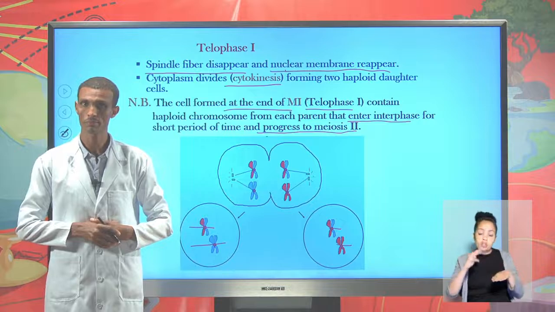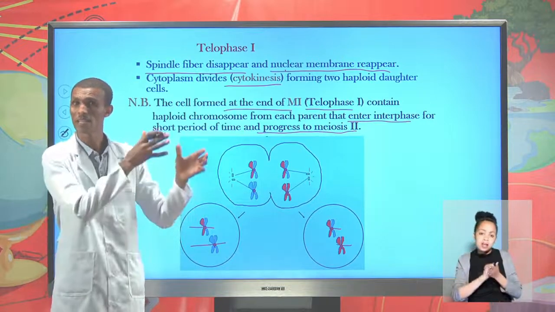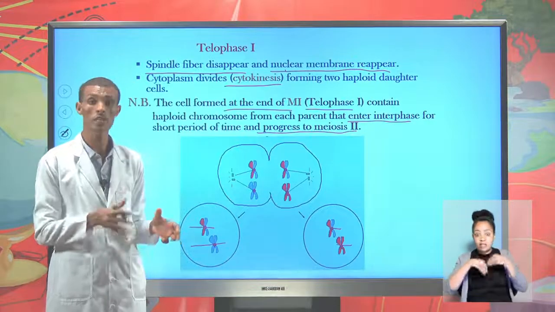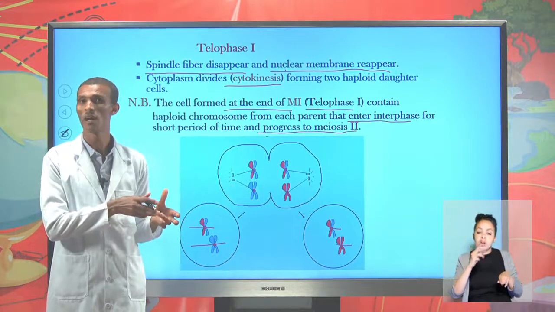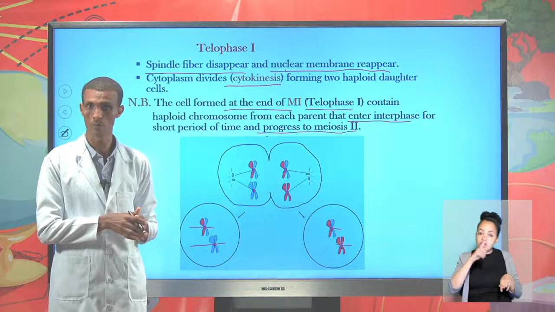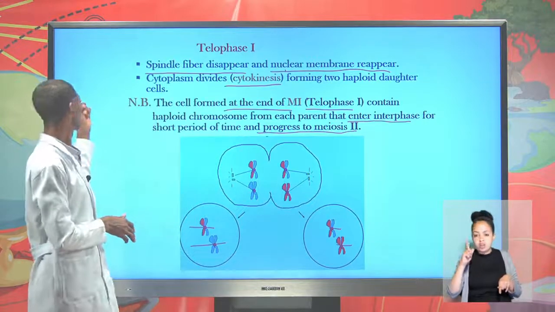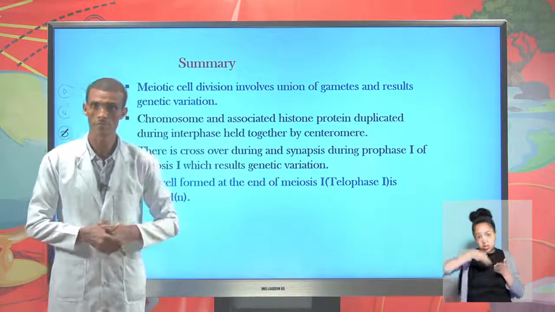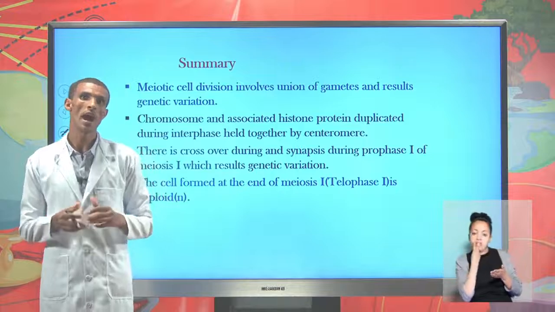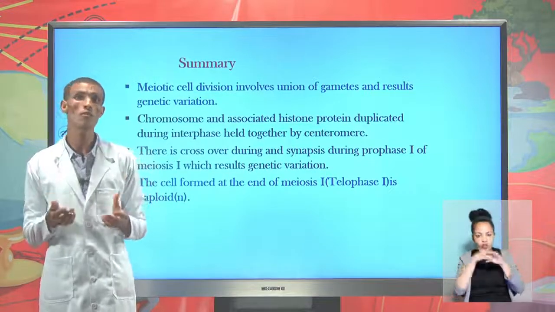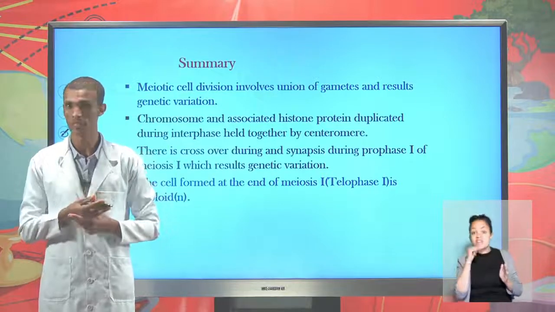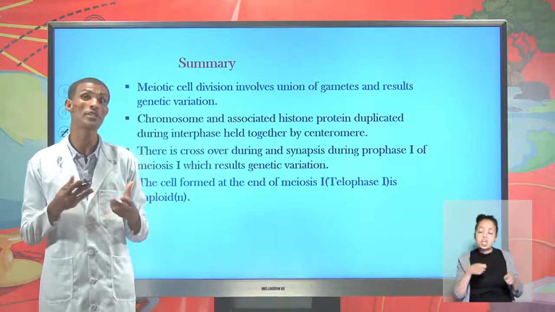These are some of the activities that take place during prophase I, metaphase I, anaphase I, and telophase I. Student, in today's lesson, we have seen that in meiosis cell division, the union of male and female gametes can contribute to genetic variation.